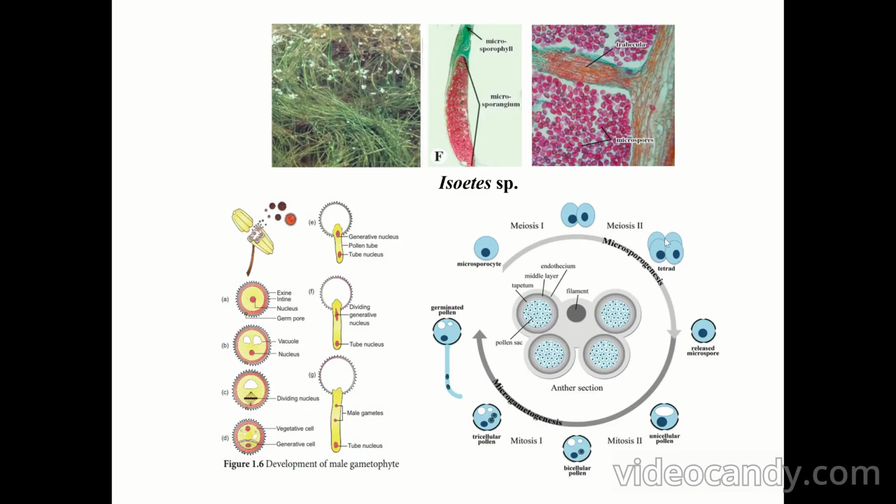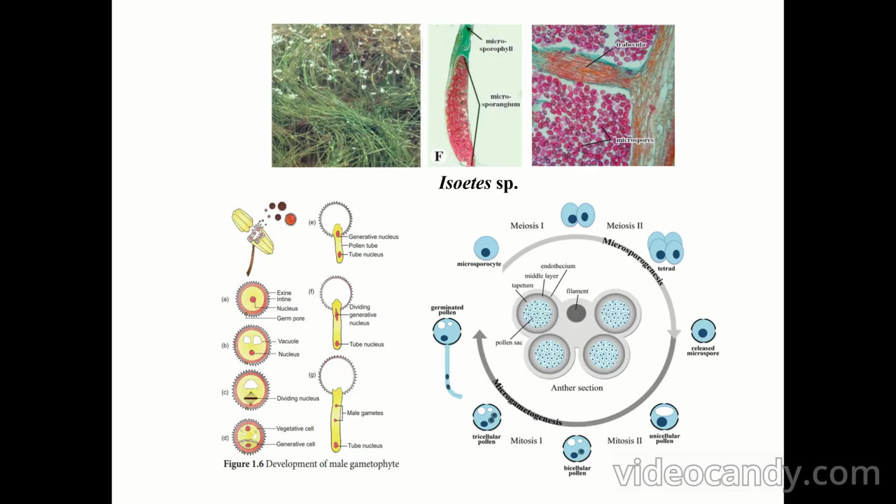Meiosis 2, as you know, is an equational division, so the cells get doubled. From the dyad it forms the tetrad, having four haploid microspores.